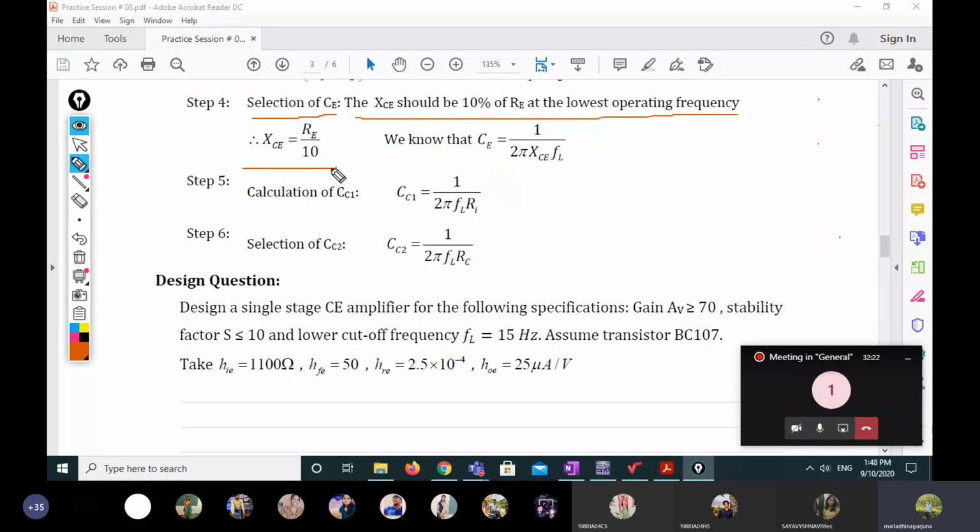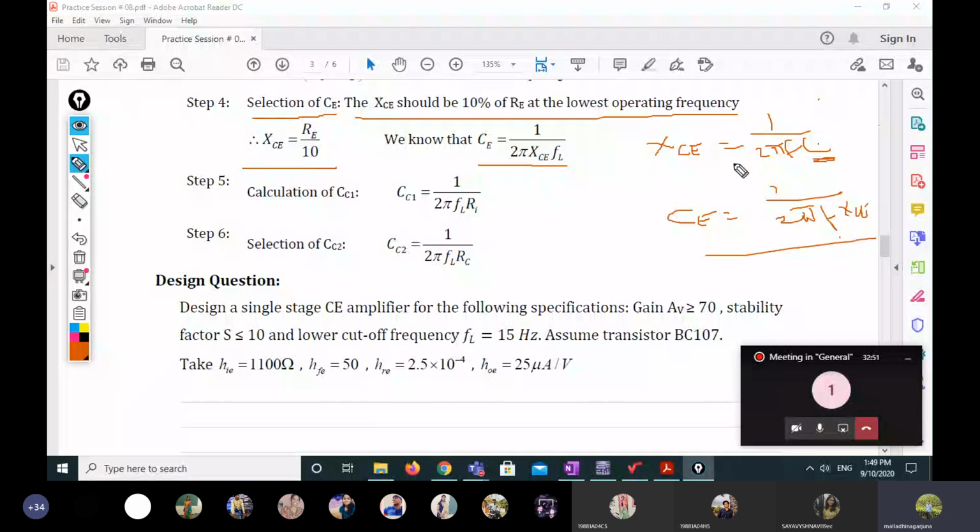The impedance of the capacitor is Xc equal to 1 by 2 pi Fc.